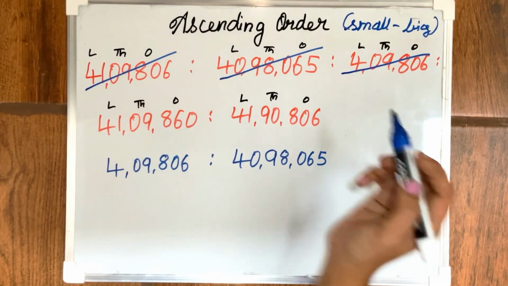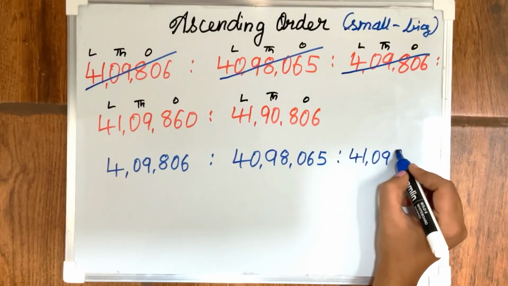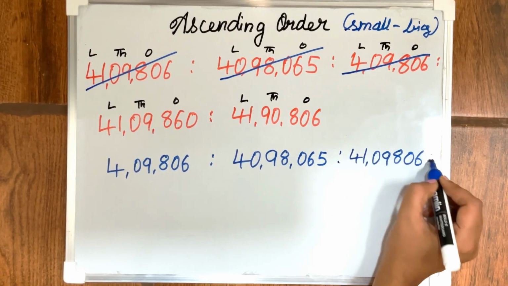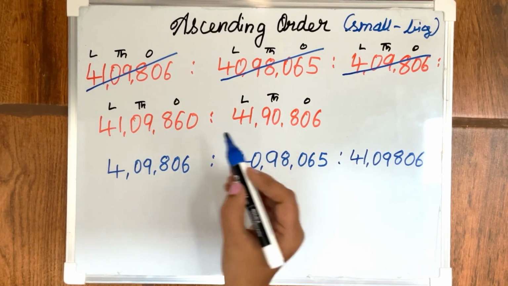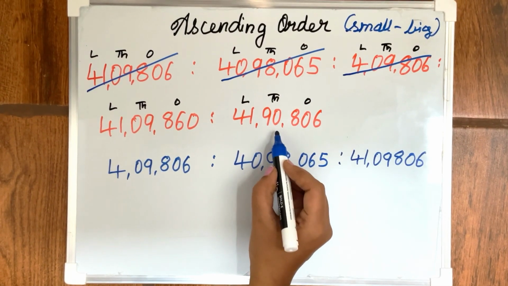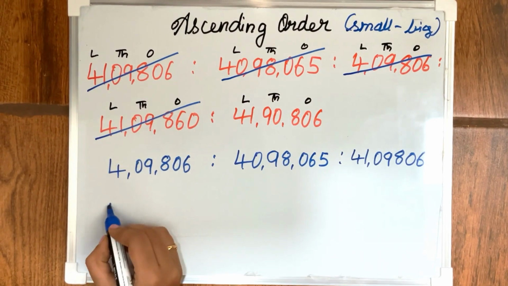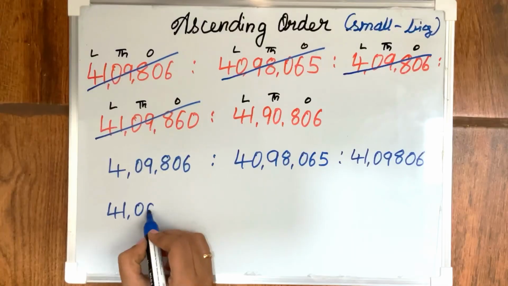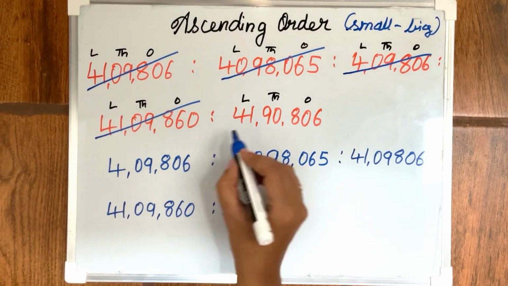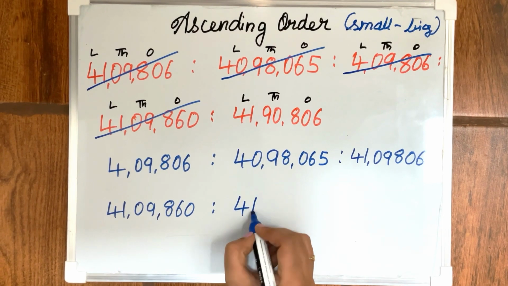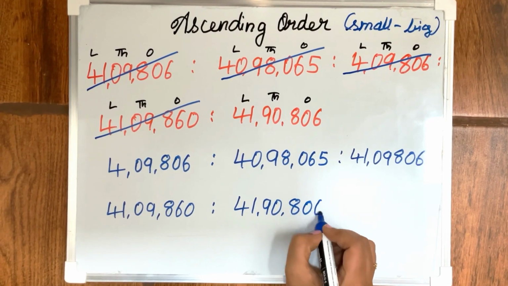So this number will be the next number, that is 41,09,806. Next, 41, 41. So same numbers. 9, 90. So 9 is smaller than 90. So the next number is 41,09,860. Now the remaining number is 41,90,806.